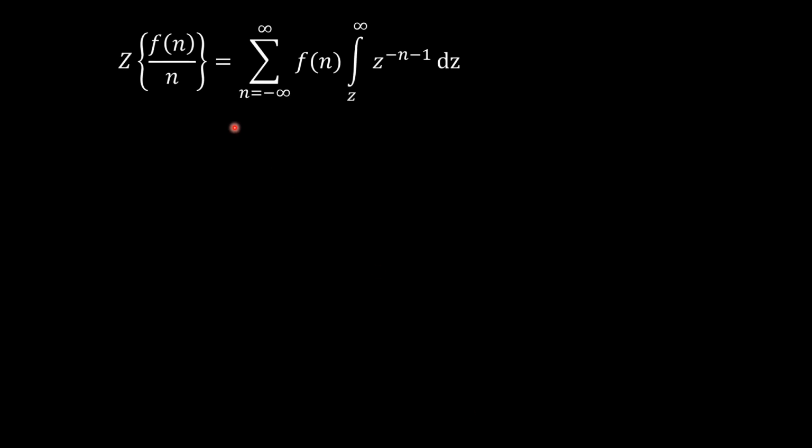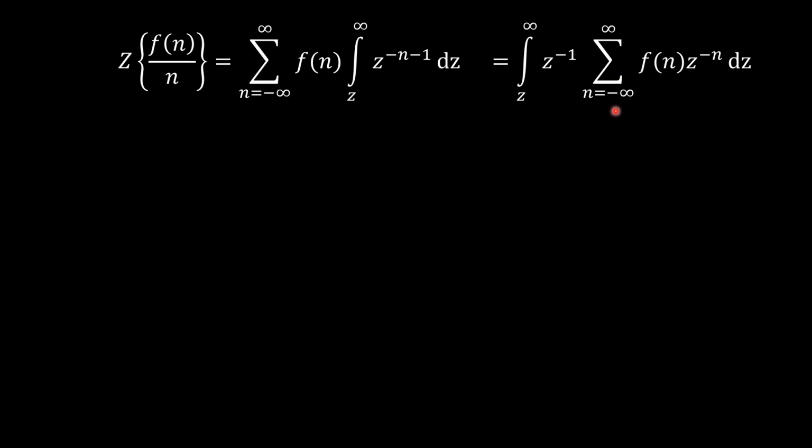Simplify the term. Therefore, z raised to n upon n will be replaced by integration from z to infinity of z raised to minus n minus 1 dz. Now take this integral sign outside of the summation sign. So that will give us integration from z to infinity, and we will take z raised to minus 1 outside of the summation sign.